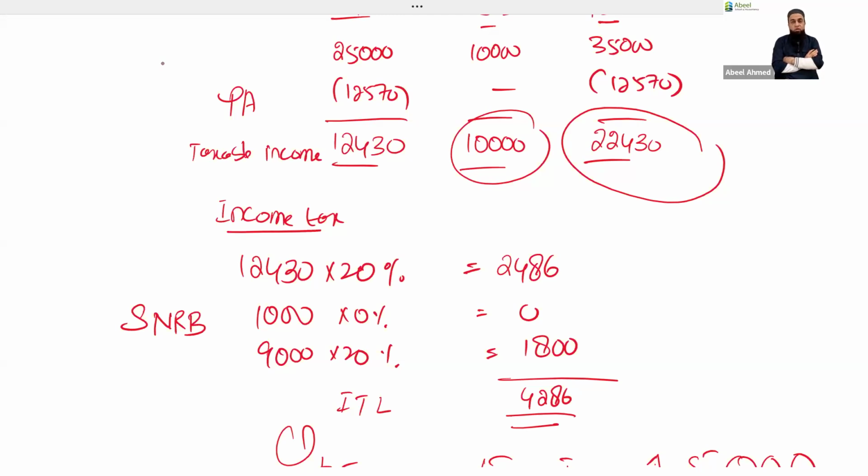Plus, if an individual has dividend income as well, how do we calculate income tax liability? So these are the two things which we will be covering in the next class.